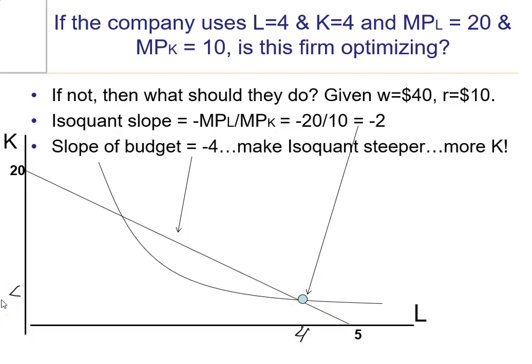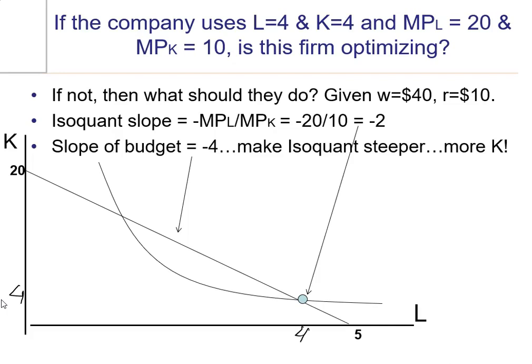So there's 4 machines and there's 4 workers right here. And clearly that's not a tangency, that's an intersection. That's your first sign that, hey, this is not going to be the optimal, because what we want to happen at the optimal is these 2 curves have the same slopes. So no, the firm's not optimizing because this is an intersection point, not a tangency.